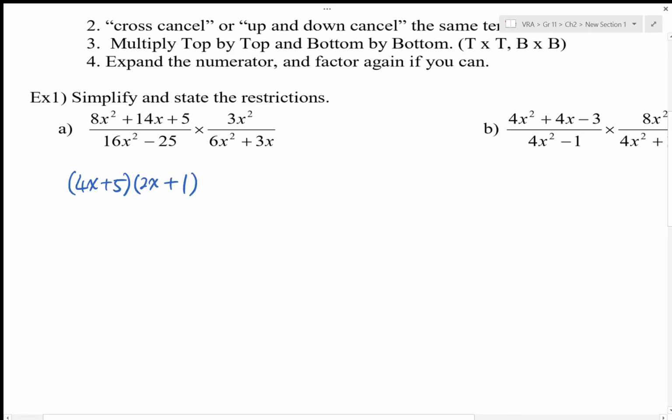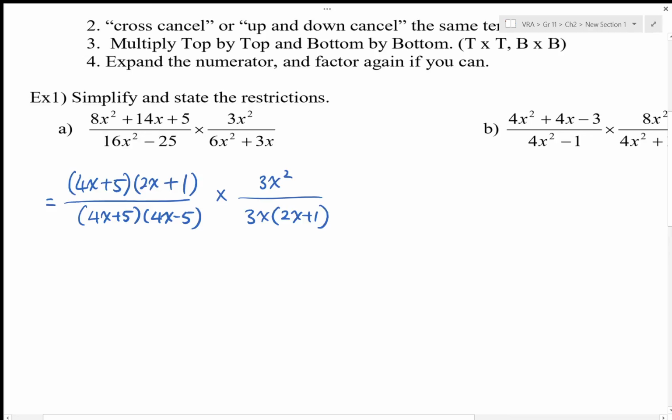Hopefully you get this by taking your own time. The bottom is a difference of squares, so we get 4x plus 5 and 4x minus 5, times 3x squared over 3x and then 2x plus 1.